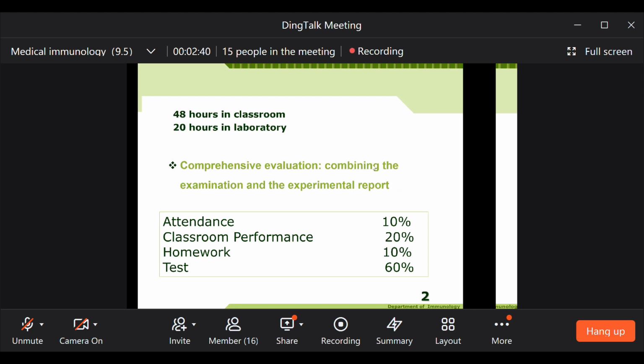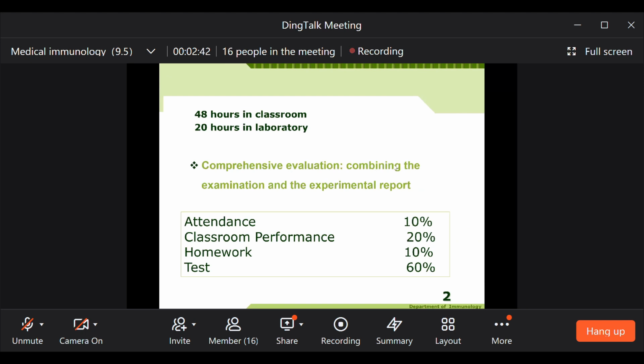The comprehensive evaluation combines the examination and the experimental report. In detail, attendance accounts for 10%, classroom performance accounts for 20%, homework accounts for 10%, and the final examination and test account for 60%.